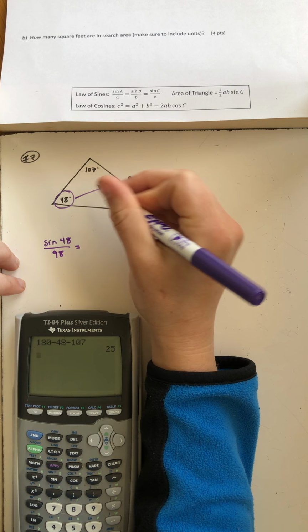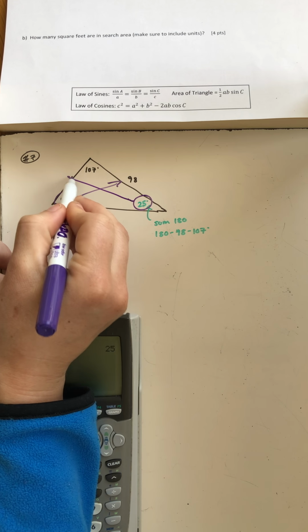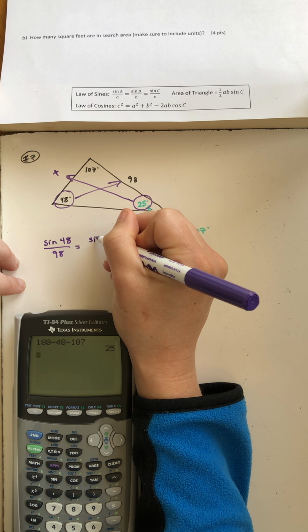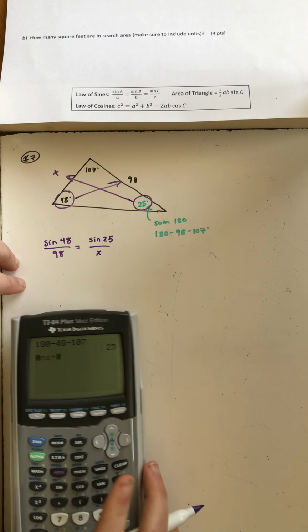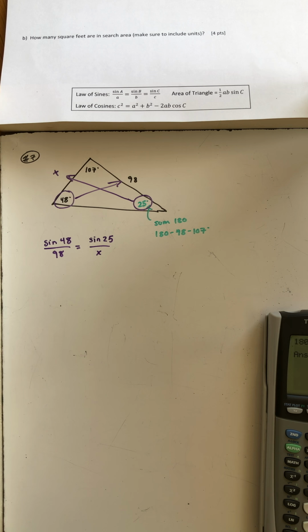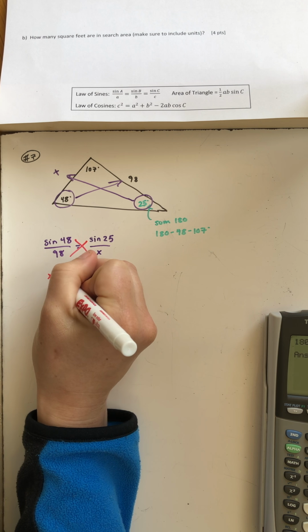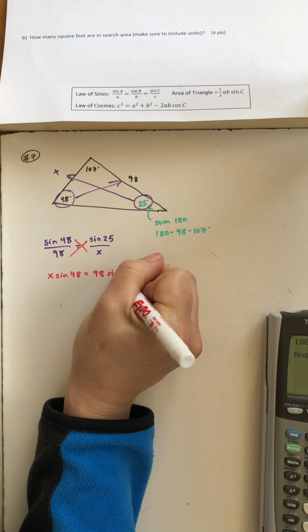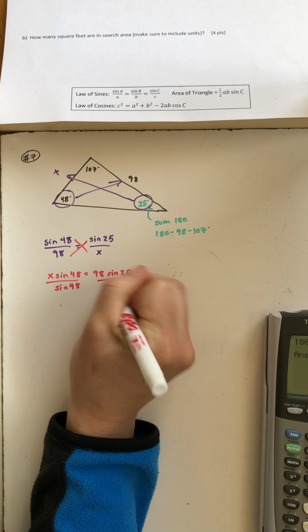Equals, and it doesn't matter which one you find first. I'm just going to do the sine of 25, and I'm going to call that x. We're going to cross multiply, and then divide by the sine of 48.